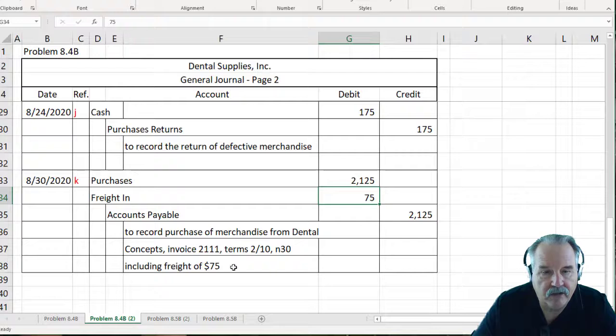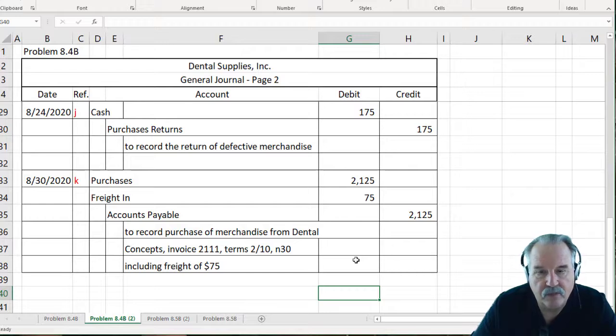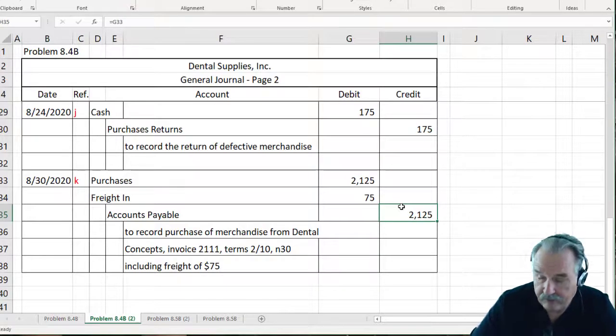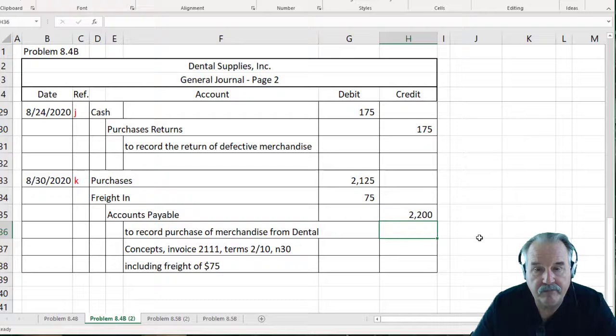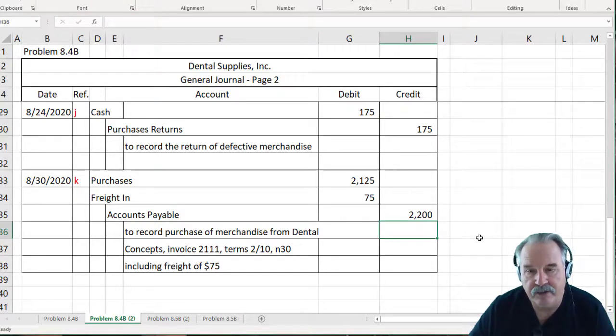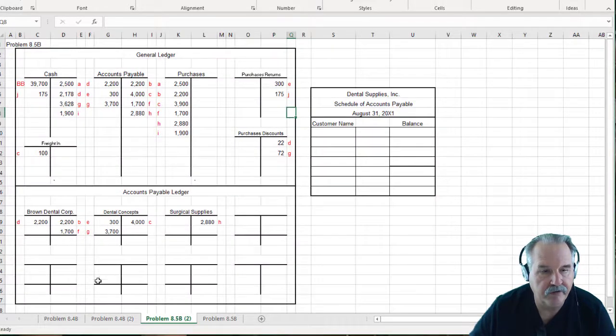Then our last transaction was a purchase from Dental Concepts for $21.25. We had freight of $75 and accounts payable of $2,200. So we're going to put the freight in the freight in account, and accounts payable is $2,200.